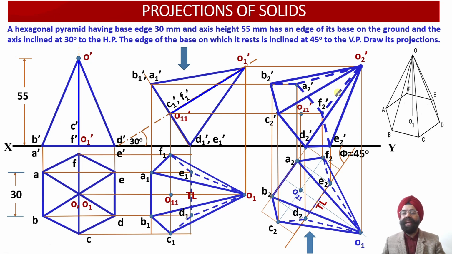So this way we have been able to obtain the front view projections of this oblique pyramid, and we have also joined the axis. So the axis is O2 dash O21 dash over here. So the axis has also been represented in the front view projections.